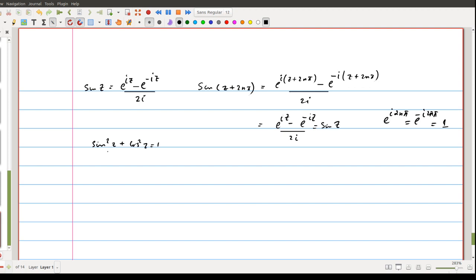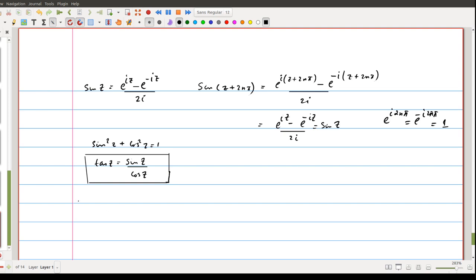Please try to prove these formulas using this definition, so take it as an exercise. Also, using sin and cos, you can define tan and study the properties of tan z. So tan z is also defined using sin z and cos z. These are complex numbers rather than real numbers, so we can consider complex trigonometric functions as well.